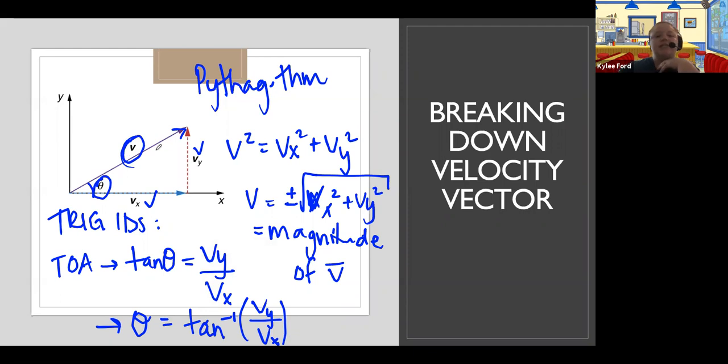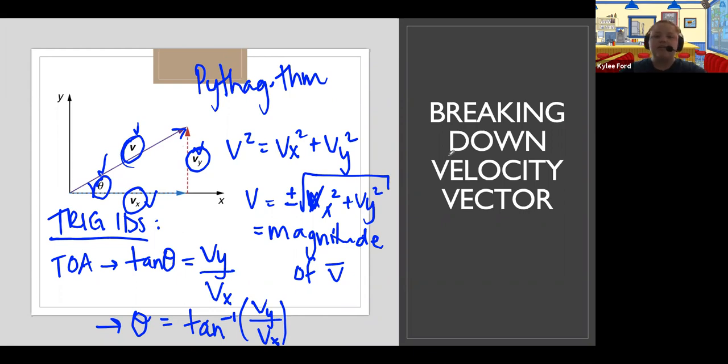And if you need to solve for these, that will be very similar. You'll be using your trig identities again, but you'll have to know either this guy or this guy. So you'll have to look at your trig identities and see which one will work to solve for what you need.